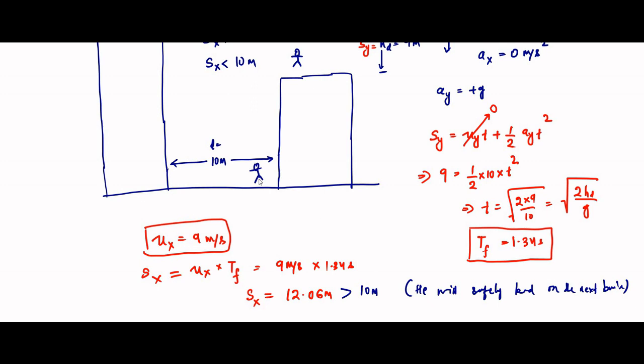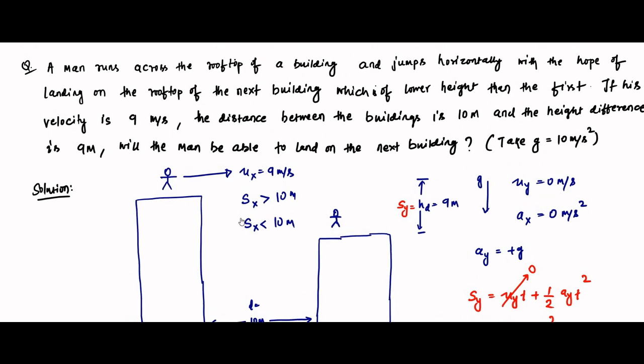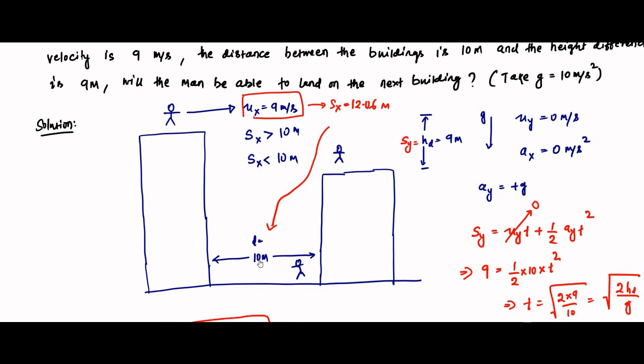But still, as the question is given, as per the question, the man is safely able to make the jump because the horizontal distance covered with this horizontal initial velocity, that is equal to 12.06, is greater than the separation distance of the two buildings. So he will be able to make the jump.